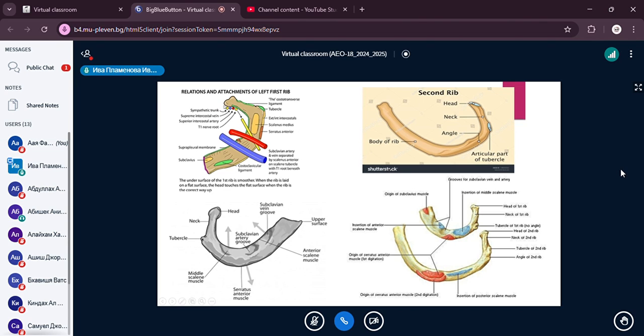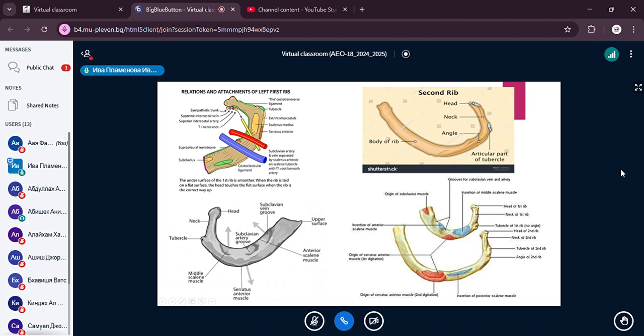Near the head, you can see here the sympathetic trunk, intercostal vein, artery, nerve. You can see here the subclavian artery. I told you near the head is the first groove for the subclavian artery, and here is the artery. That's the vein. Between them should be the tubercle of the musculus scalenus anterior.